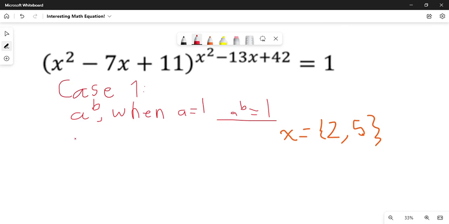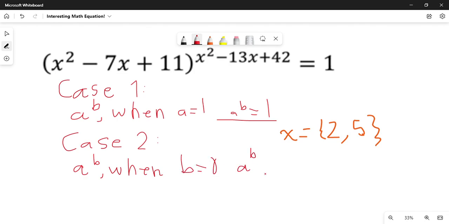We need to know a rule: a to the b power, when b is equal to 0, a to the b is always equal to 1.